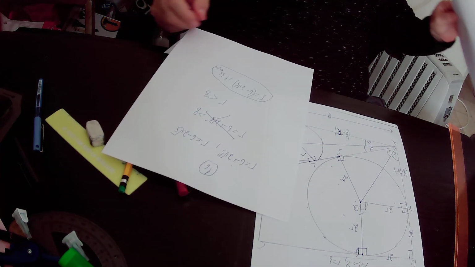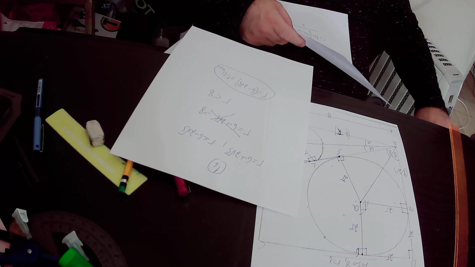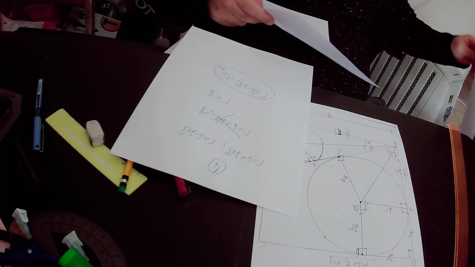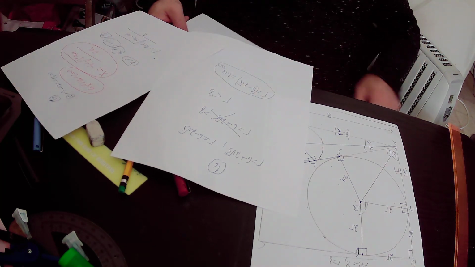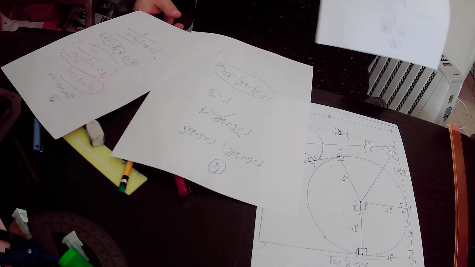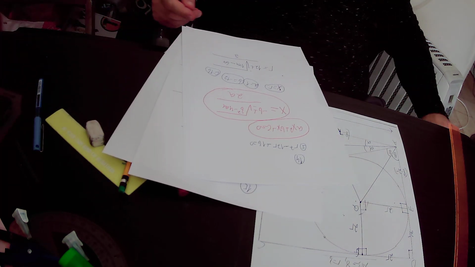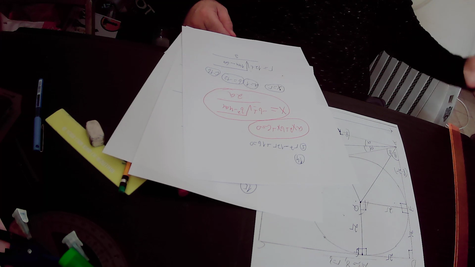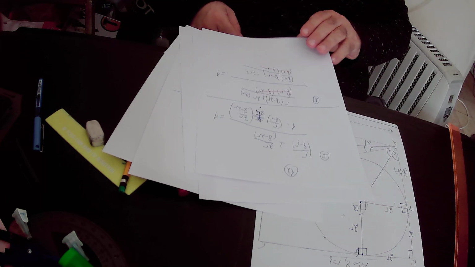So actually we wanted to find out the radius of the small circle. We have a square, and the size of one side of the square is 8 units.